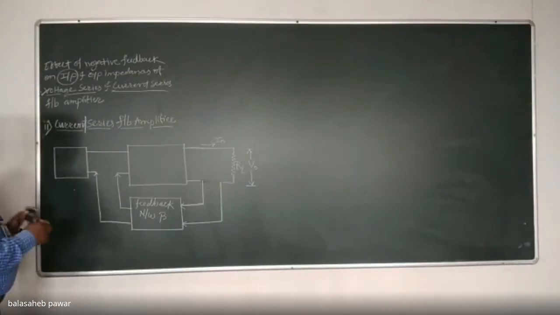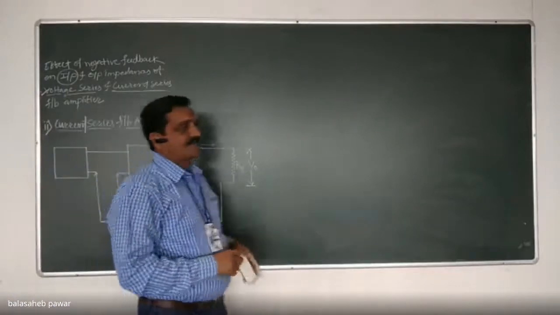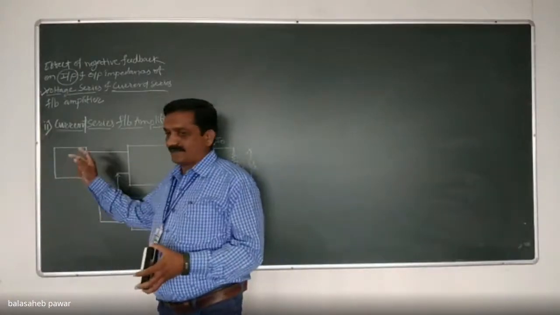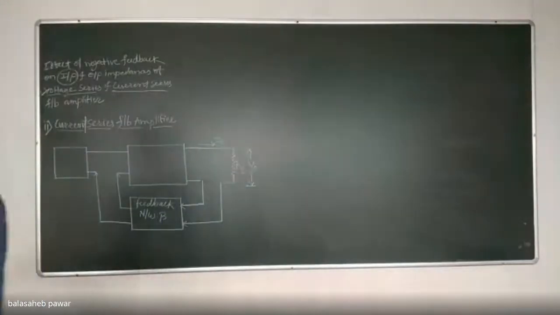Now the remaining things you have to complete by yourself. First of all, the signal source, this one. What should be the signal source, either voltage or current? Just let me know. Don't waste time, because we have revised this topic many times.